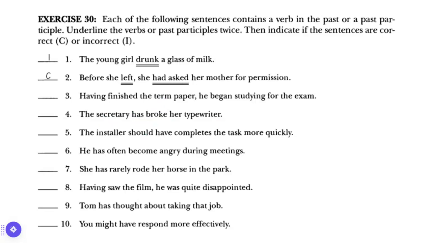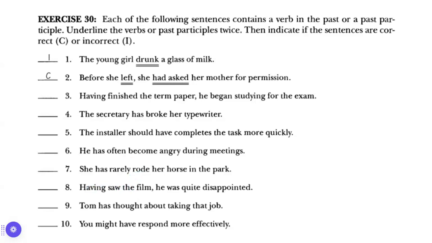Number 6, he has often become angry during meetings. That is correct. Number 7, she has rarely rode her horse in the park. She has rarely ridden her horse in the park. Number 8, having saw the film, he was quite disappointed.